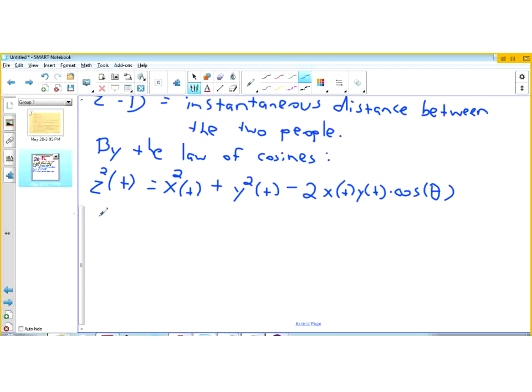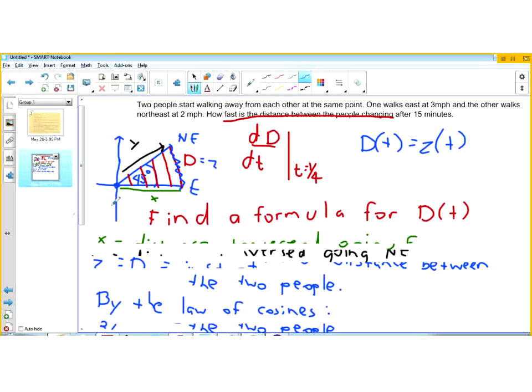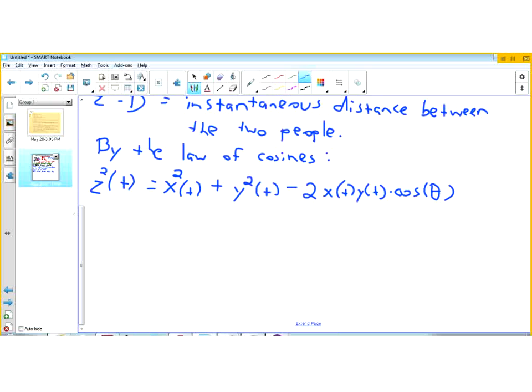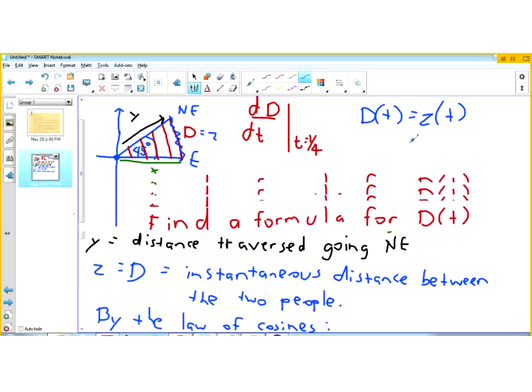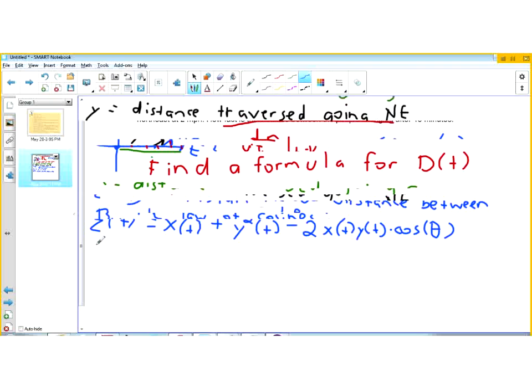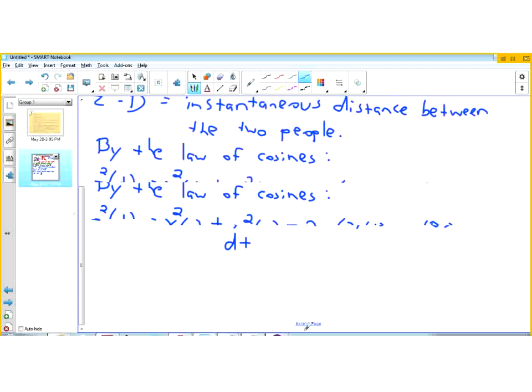Now what we want is the change in d with respect to time. And d of t, I've decided to recast as z of t, just to be consistent with the pattern of using x and y. So we want the change in z with respect to time.